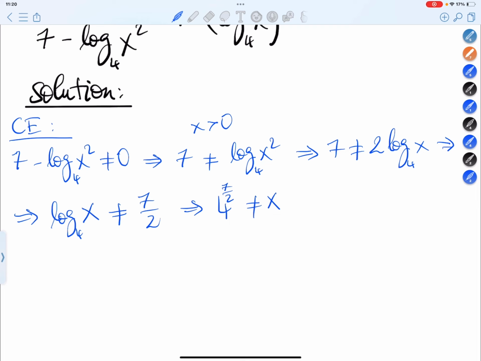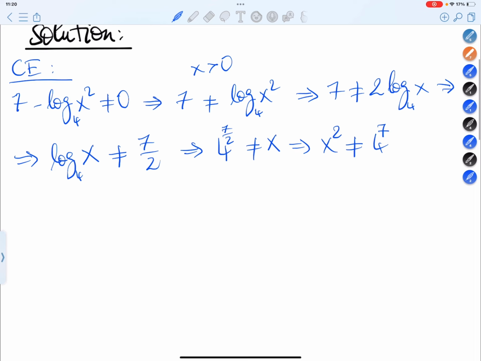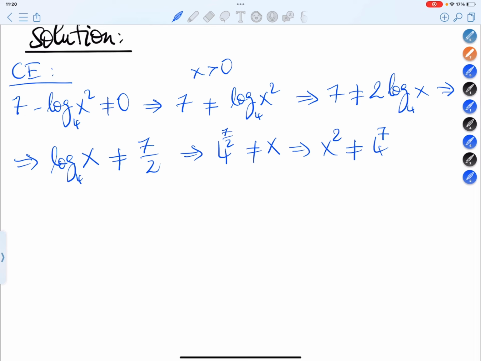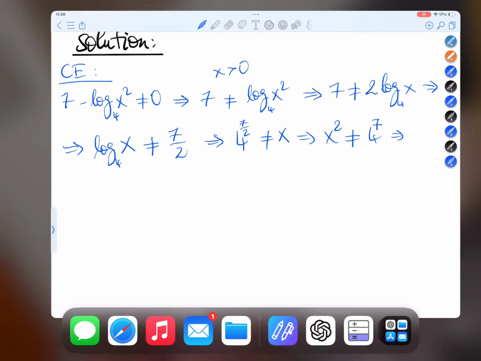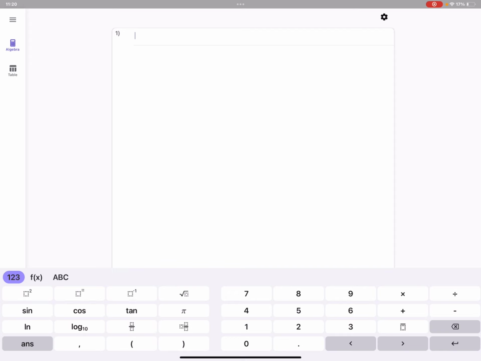Which implies if we square both sides, we're gonna have that x squared is different from 4 to the power of 7, right? Now 4 to the power of 7, let's put it on the calculator.